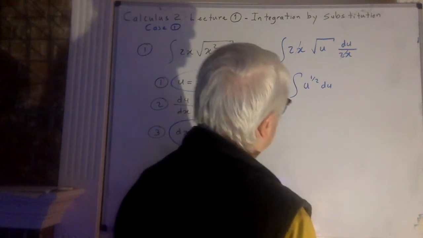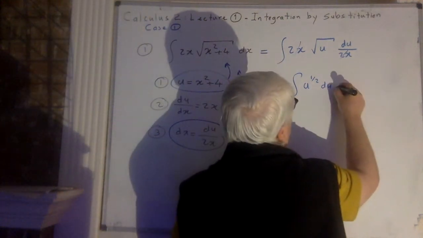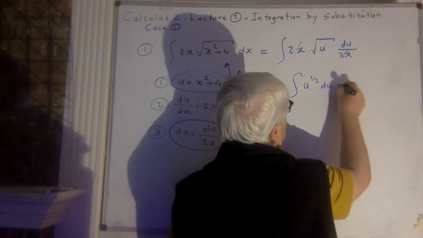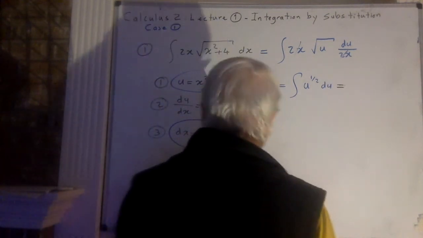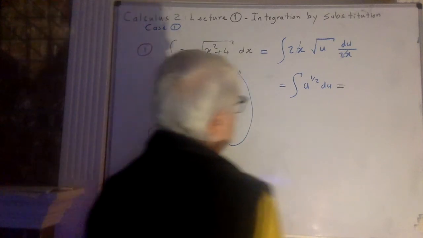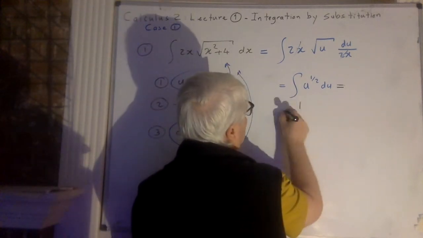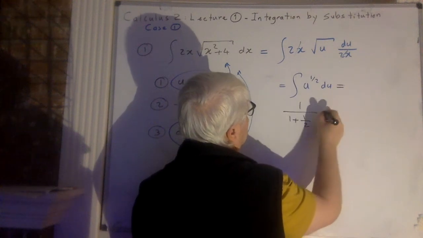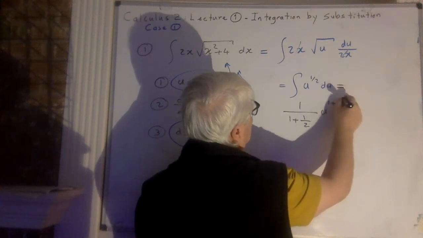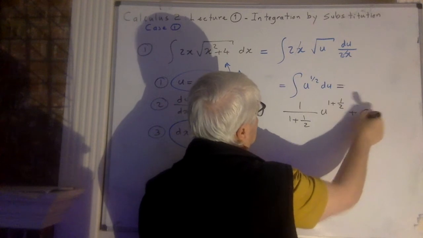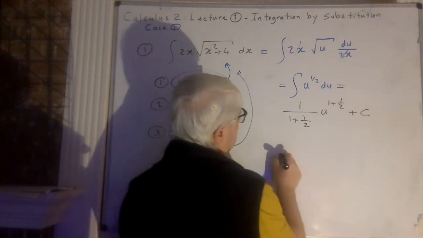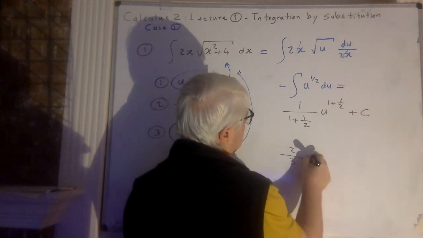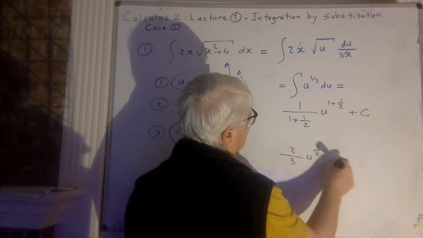Now what is it? By simple integration of polynomials, you know that this is in fact 1 over 1 plus this exponent, 1/2, u to the power 1 plus 1/2, plus a constant. So to simplify, this will be 2/3 u to the power 3/2 plus a constant.